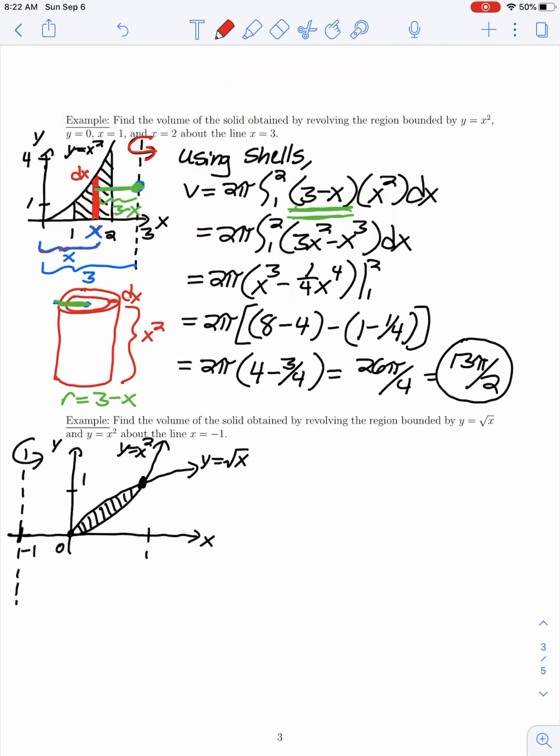So it might be easy to think about our region sliced into vertical slices, where our slice is taken at a point x along the x-axis somewhere between 0 and 1, and has a thin thickness dx. So we can see if we were to revolve that little slice about the vertical line x equals -1, we would have a cylindrical shell shape.